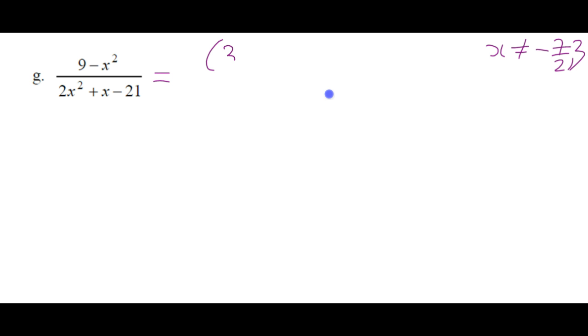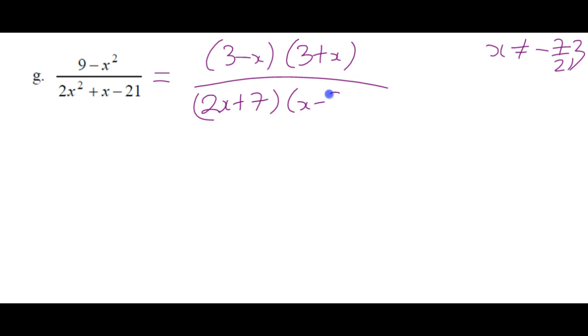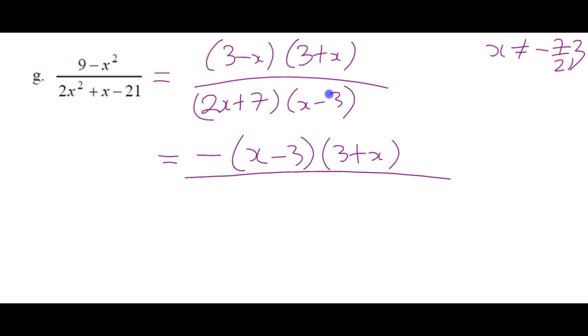So, 3 minus x, oh, sorry, 3 plus x. What was it, 2x plus 7? Okay, so here's what happened in slow motion. Factored a negative 1 out of this. Why? Because it'll flip the signs of what's in here.